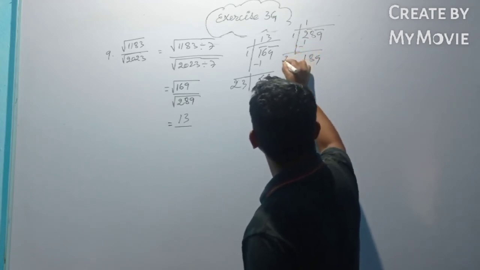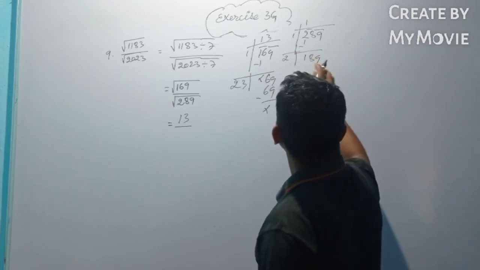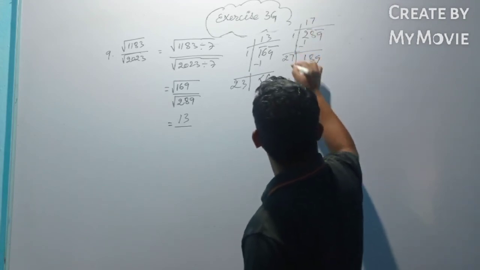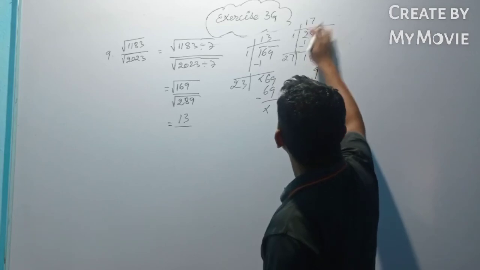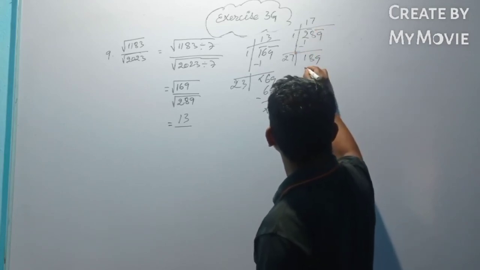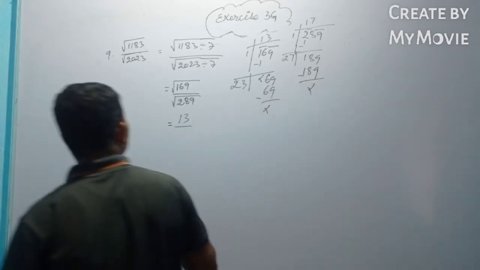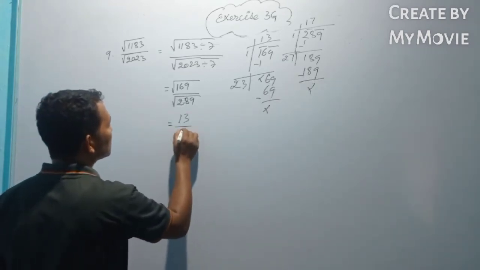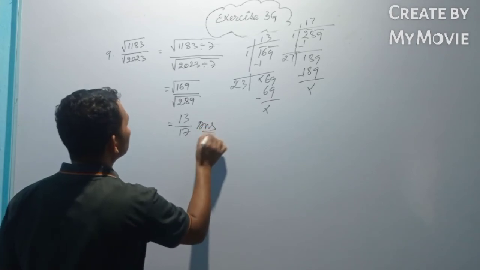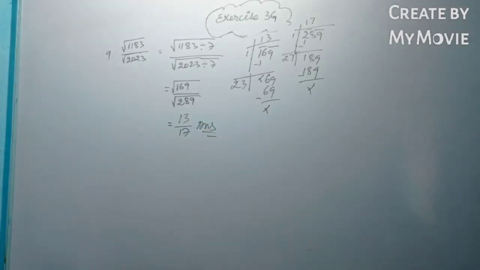Okay, 1 plus 1 is 2. Now 7 7s are 49. 7 2s are 14. 14 plus 4 is 18. So square root of 289 is equal to 17. So our answer is 13 by 17.